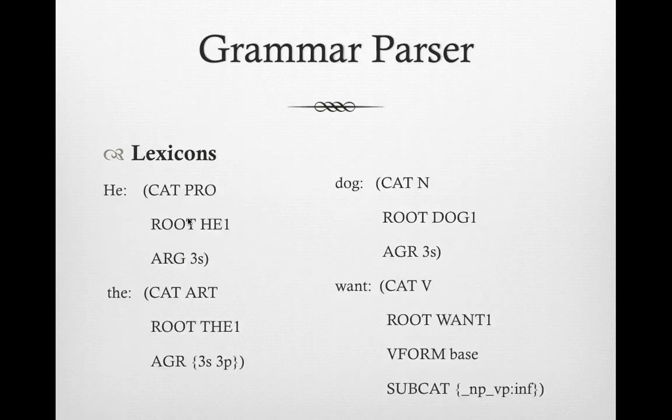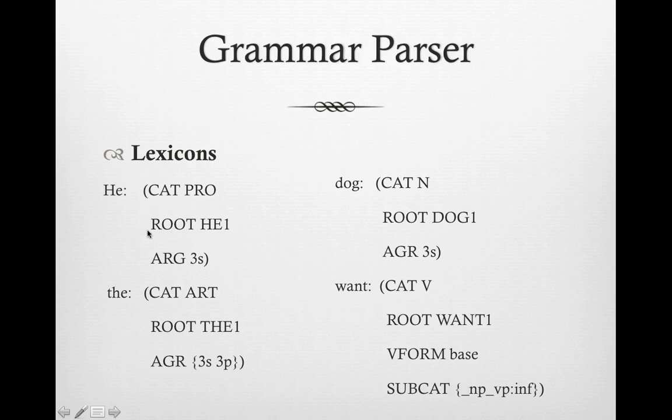Here is a sample of lexicons for my program. We can take the last one as an example. Here is the word want. It is in the category of verb. The root form for this word is want. The verb form of this word here is in its base form, and NP and VP can be the subcategory of this word.